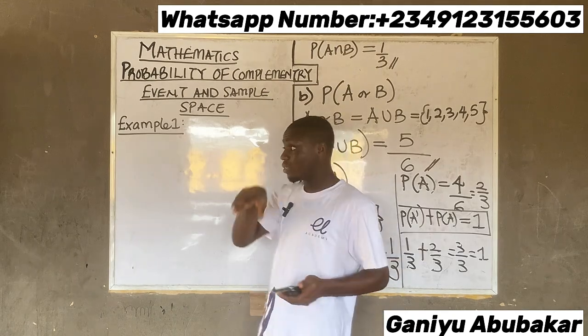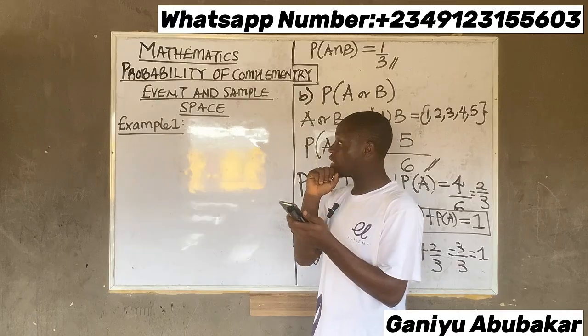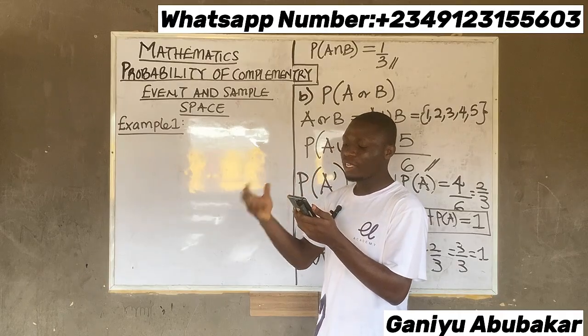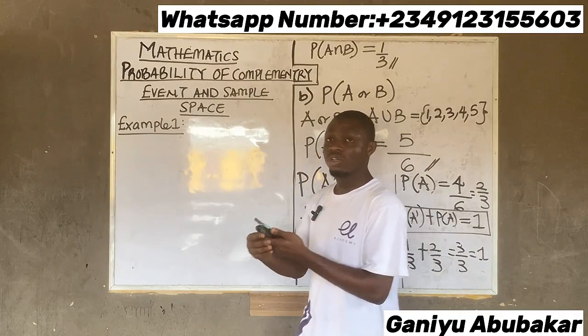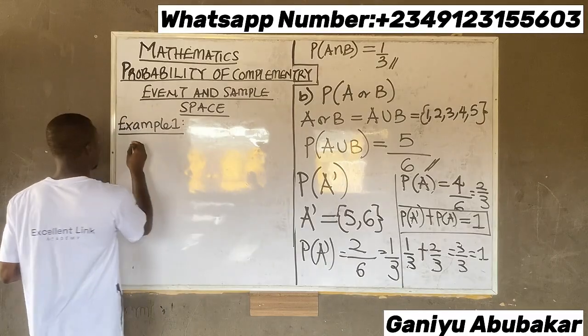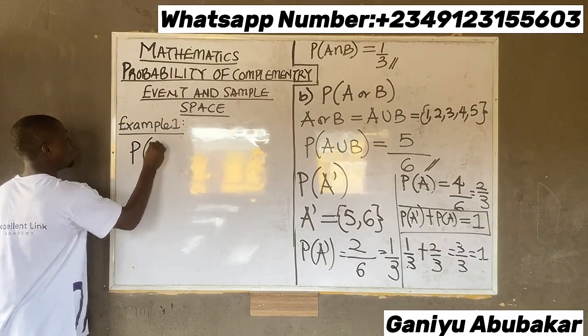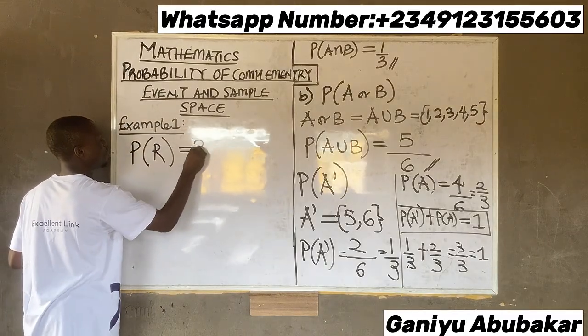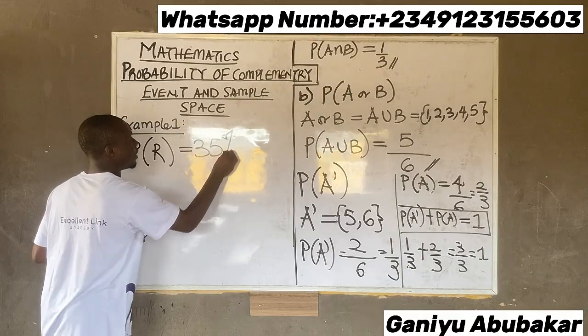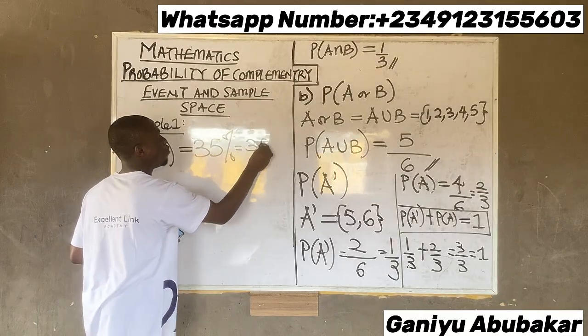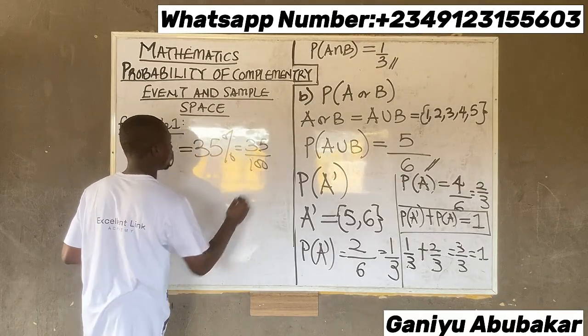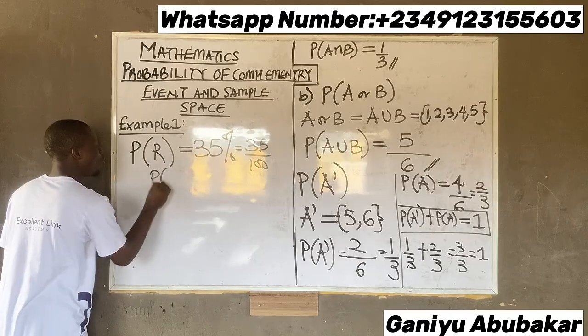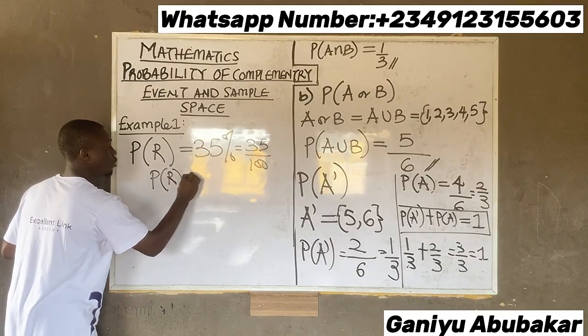So what we do is this, please. They said in the question that the probability of selecting a red marble is 35%, and this means 35 over 100.